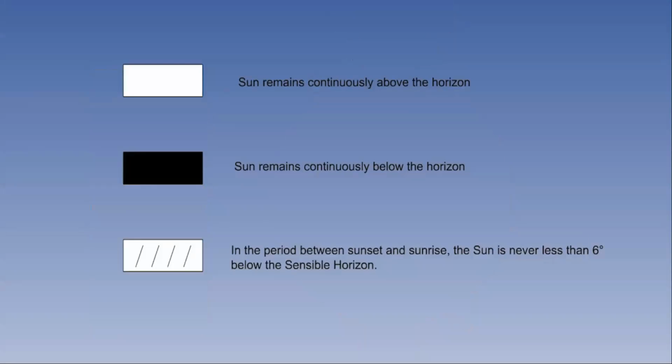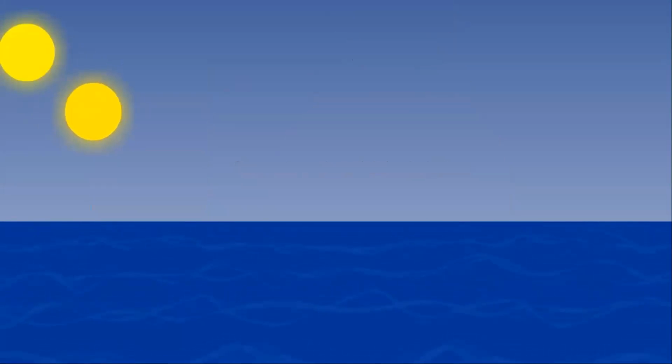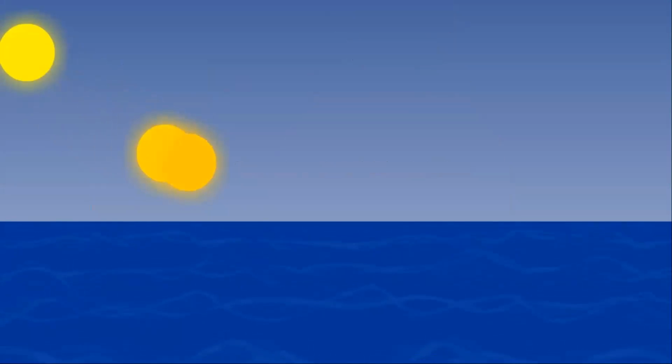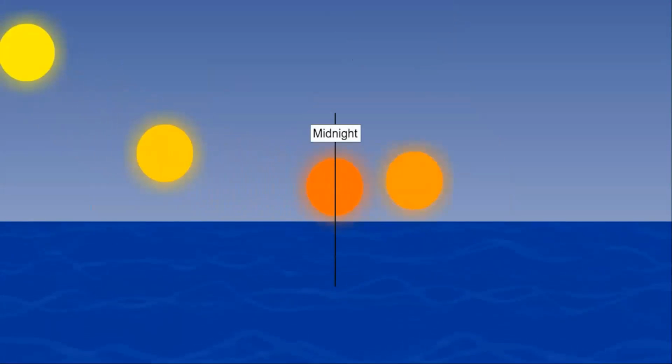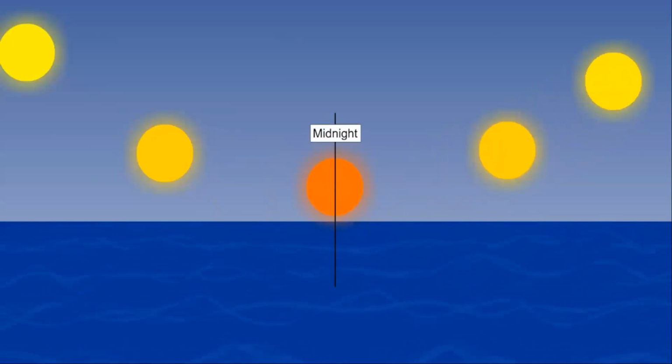Let's look at what they mean. The first indicates that the sun remains continuously above the horizon. This occurs at a high latitude summer. The path of the sun is like this. It comes down and up in the usual way, but at its lowest point, which is at midnight, it is still above the horizon.